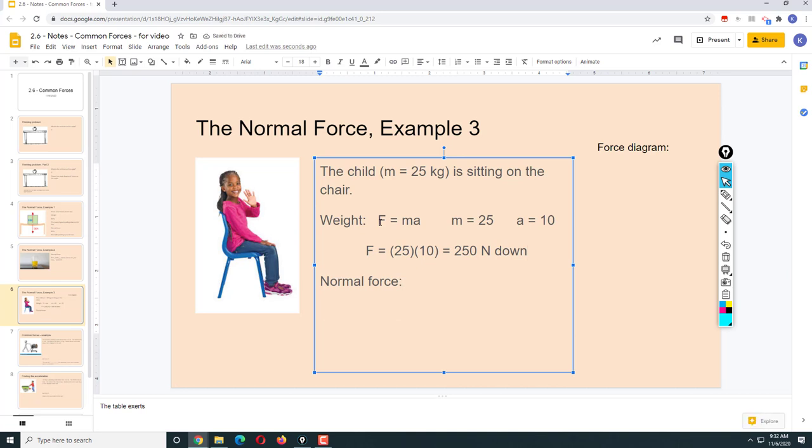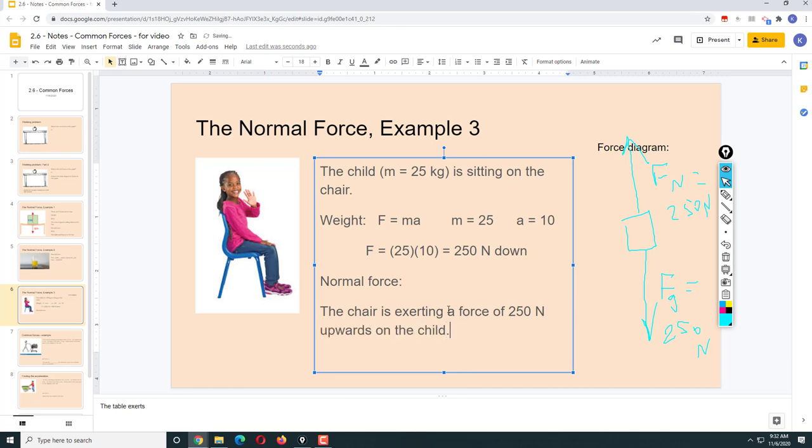The net force is 0, so there has to be the same amount of force going up. That's the normal force. The chair is exerting a force of 250 newtons upwards on the child. The chair is keeping the child up.